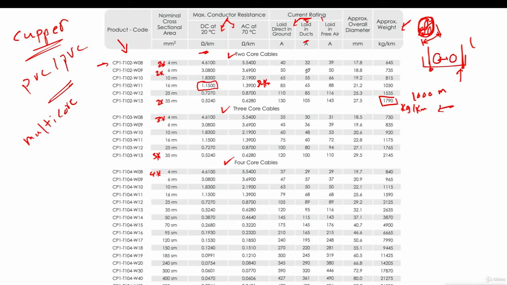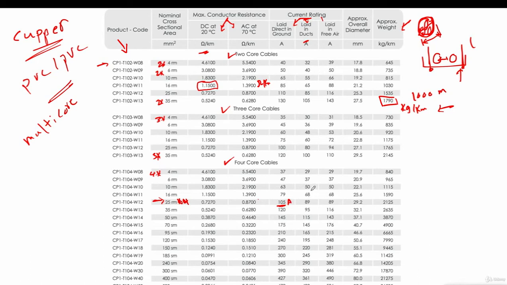For a cross section, let's take a look at the most famous cables, the 4 core cables. For example, 25 square millimeters, and I mean 4 cores of this cable. If you laid your cable direct in ground, it can carry or load 105 ampere.